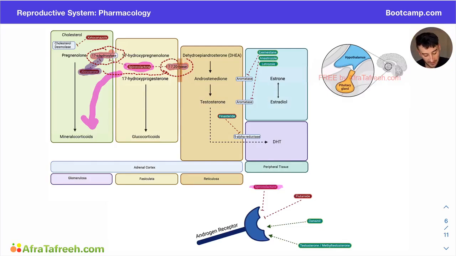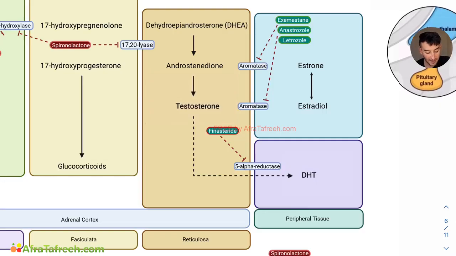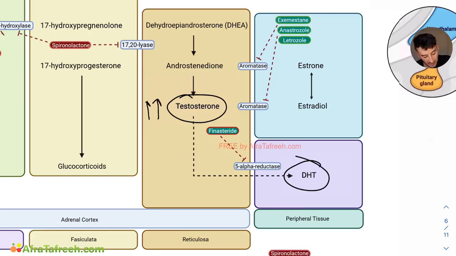So I highlighted it here in green and red because essentially we're staying within androgen territory when talking about finasteride and 5-alpha reductase. We're simply increasing the amounts of one androgen at the expense of decreasing the amounts of a different androgen. And so this is kind of strange because we are increasing the agonism by testosterone but decreasing the amounts of DHT. So this is kind of a mixed picture.